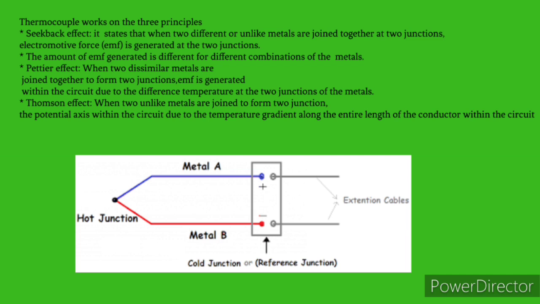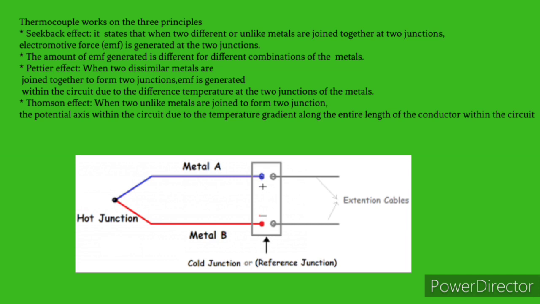The hot junction is the major junction in which the temperature is measured, and the cold junction is a reference junction against which the hot junction can measure the temperature. Through this, the EMF is generated at the two junctions. Now the amount of EMF generated is different for each combination of metals.